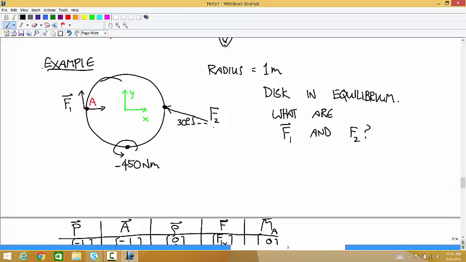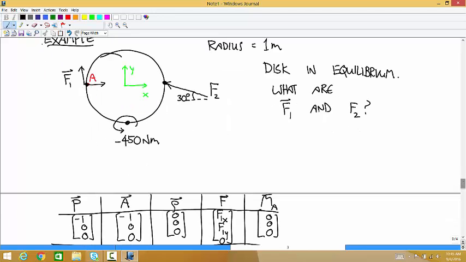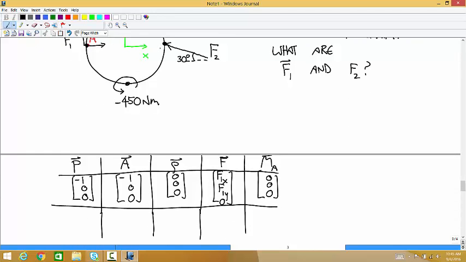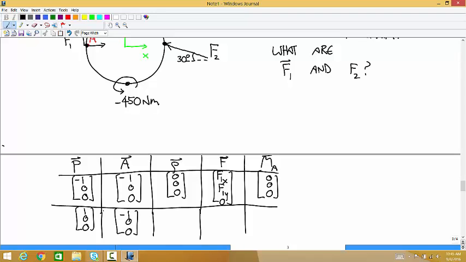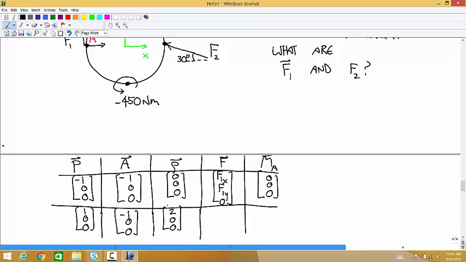Then the second row, let's do F2. What are the coordinates where F2 is applied? Yeah, 1, 0, 0. The coordinates of the about point? That doesn't change. That has to be the same all the way down. Subtract, and you get +2, 0, 0. The force vector, this is F2 times cosine and sine of 150.